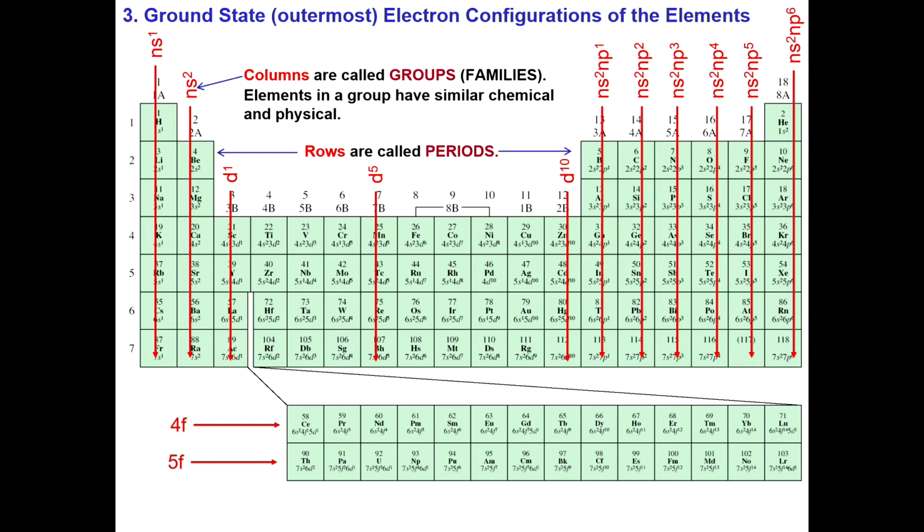So that shows similar atomic properties, so we call them a group. And the rows are called periods. For this side, for example, here is ns2 np5, and ns2 np6.